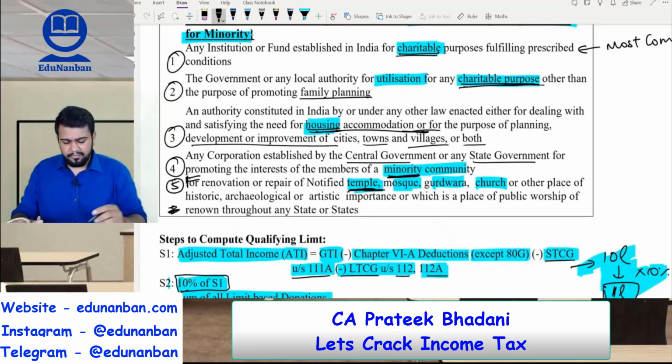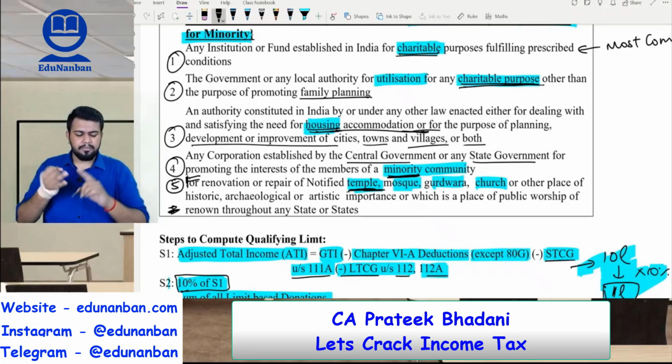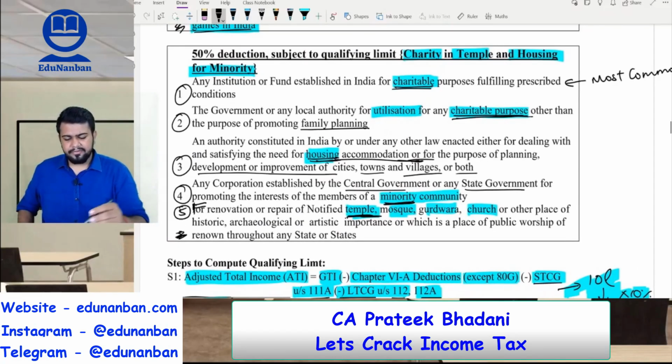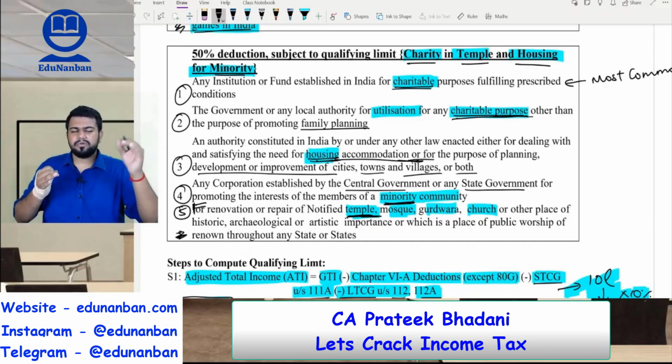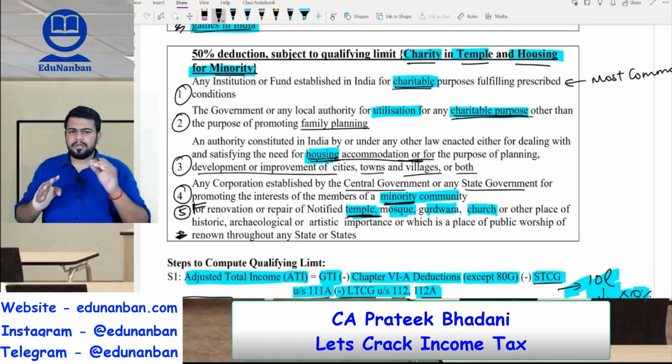Then number 5, for renovation or repair of temple, mosque, gurudwara, church or any other place of historic archaeological importance. So basically I have given you the keywords: charity, temple, housing, minority. That is charity, temple, mosque, gurudwara, church, historical importance etc., then housing and then minority community.